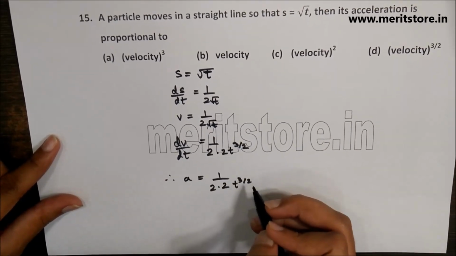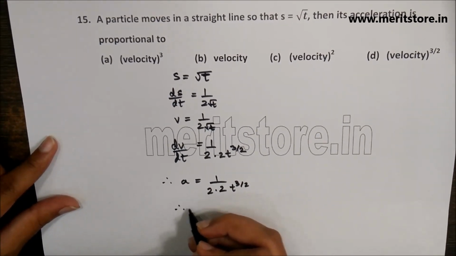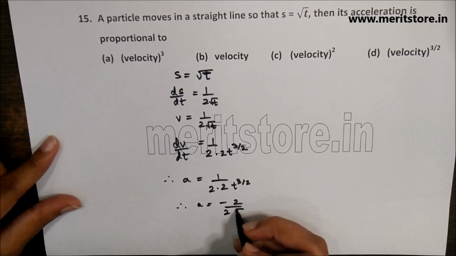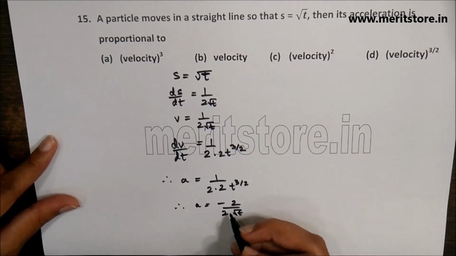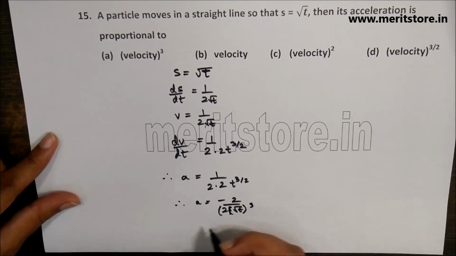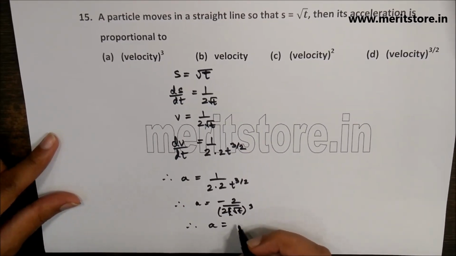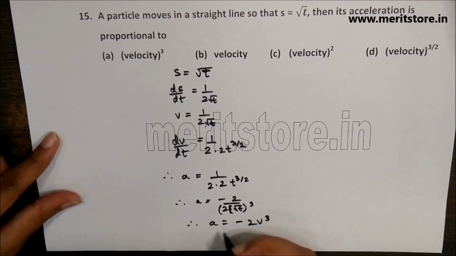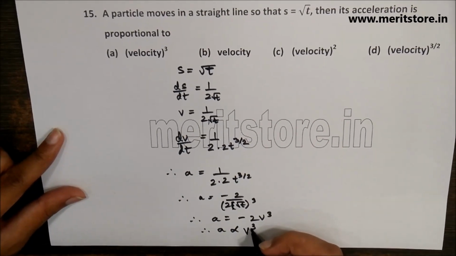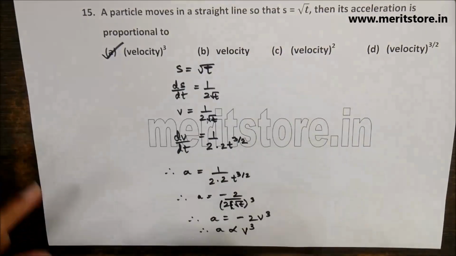We can substitute this term with velocity, minus 2 upon 2 root of t raised to cube. Therefore a is equal to minus 2 v cube. Therefore a is directly proportional to v cube. So option A is the correct option.